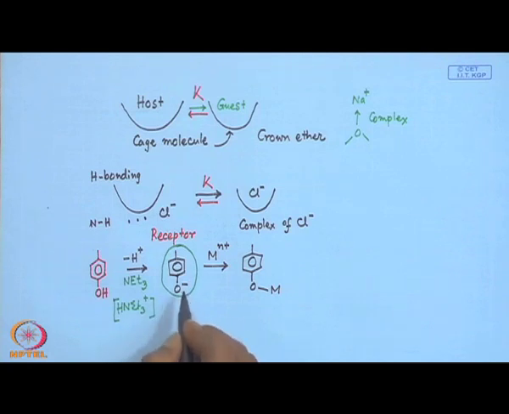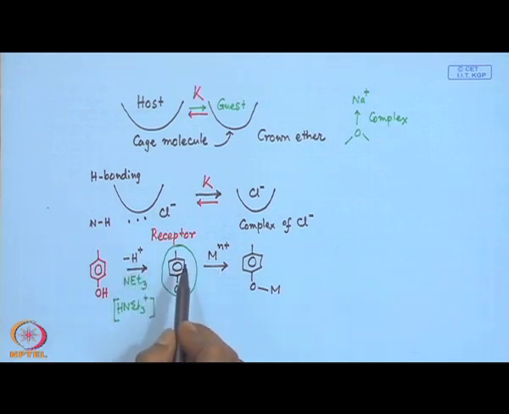So, there will be no competition for this phenoxide ion to bind with the proton which was originally bound to the system, because it has already been taken away by the triethylamine molecule. In that case only the added metal ion M^n+ can bind to the ligand system, forming one M-O bond from the phenol unit, and we do not have competition for the L species between H and M.